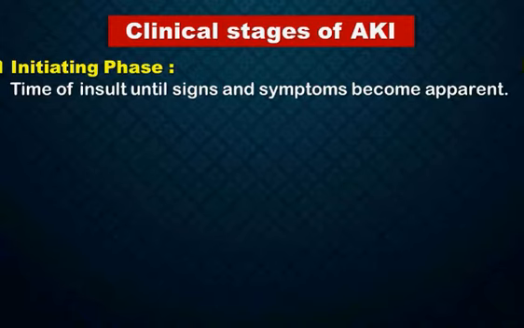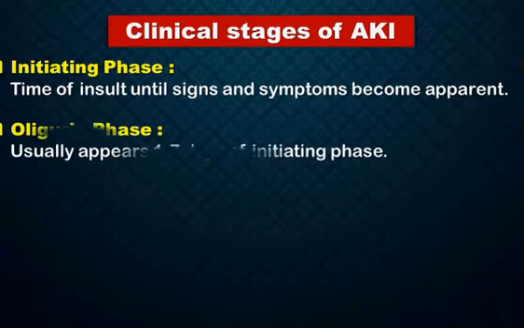And we will know the first sign, regarded as the hallmark of acute kidney injury, which is decreased urine output. Then we go into the oliguric phase. In the oliguric phase, of course, there is a decrease of the urine output, and this usually appears in the first 1 to 7 days after the initiating phase.